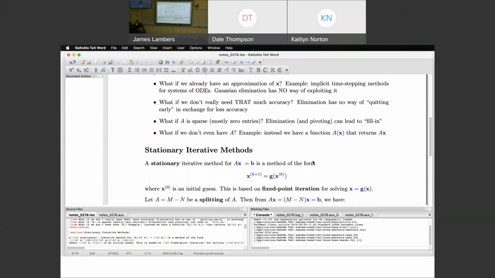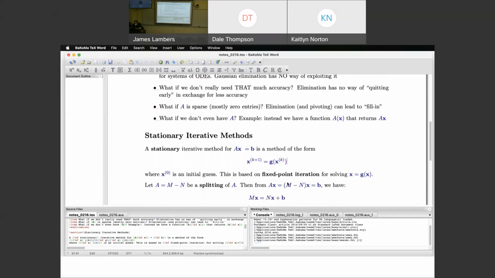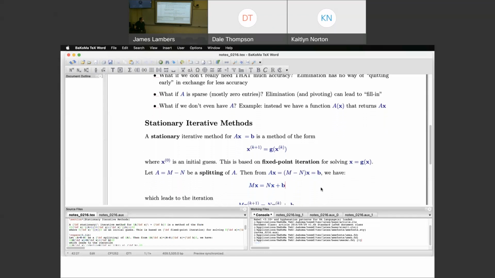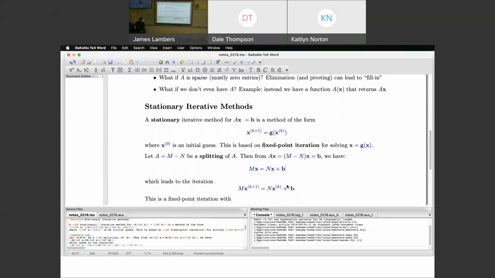So the idea of stationary iterative methods is if I write A as a difference, M minus N, that's called a splitting. So then I have Mx minus Nx is equal to b. So I can rewrite Ax equals b this way. So x now has to satisfy this equation. And from there, I have an iteration.